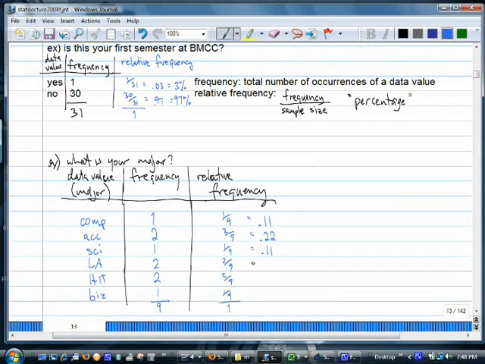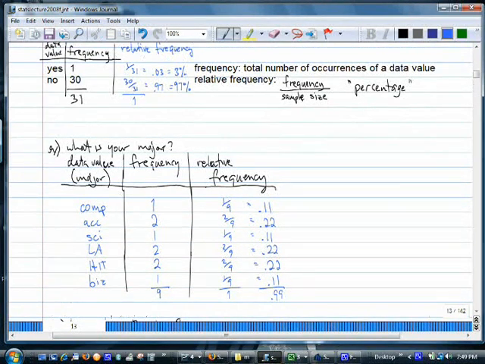Actually, this adds up to 0.99. And what's the problem? We rounded it off. So due to rounding, you get 0.99, but we know it's supposed to be 1. If we did it to more decimal places, we could get 1.